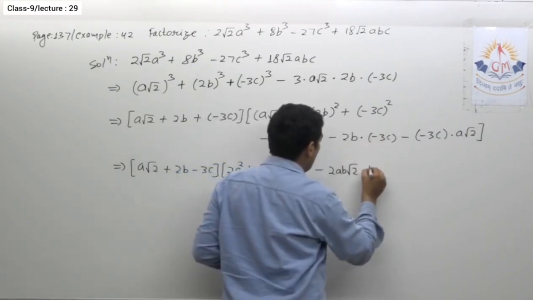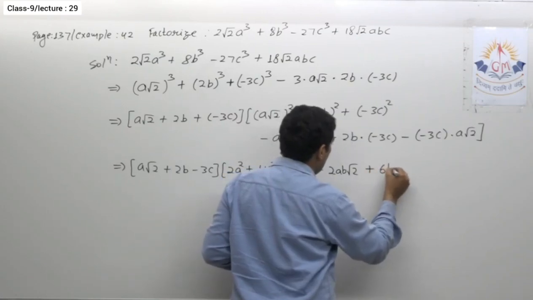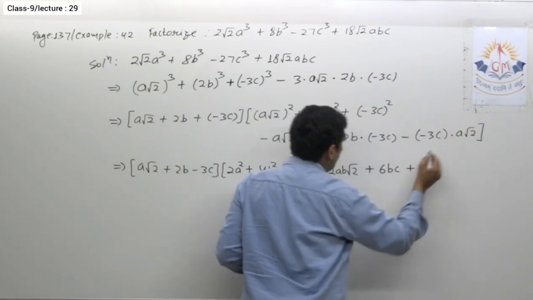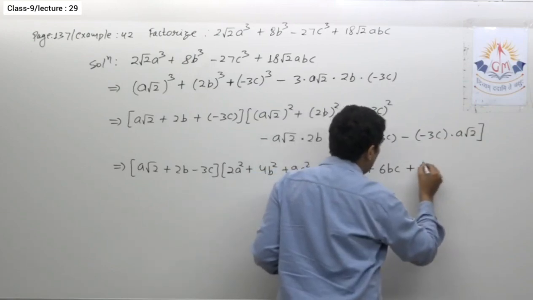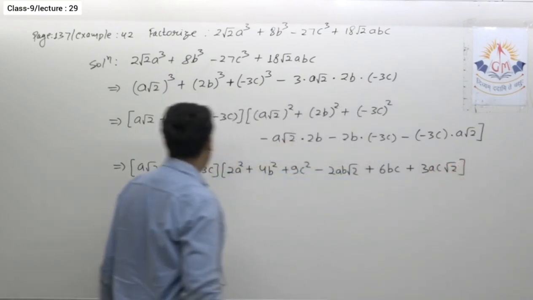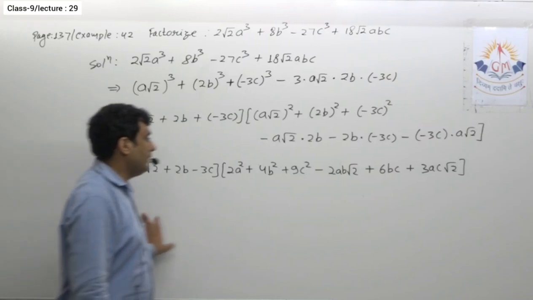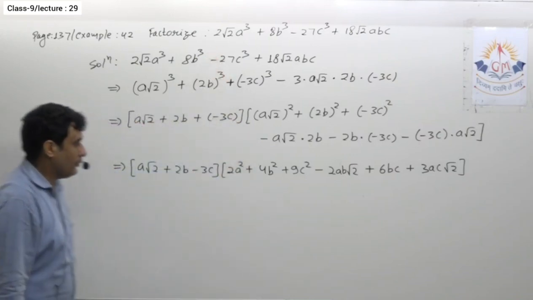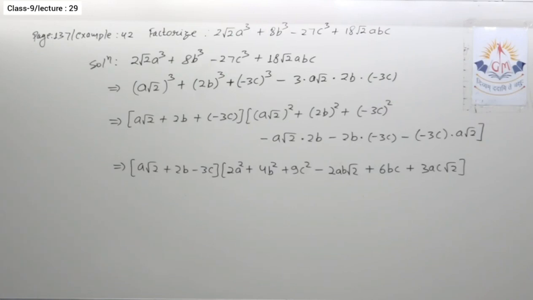Here minus minus plus, so 6bc. Again here minus and minus plus 3 into a into c, so this will become 3ac root 2. So this is our final answer, or we can say these are the factors of the given expression. So please note it down.